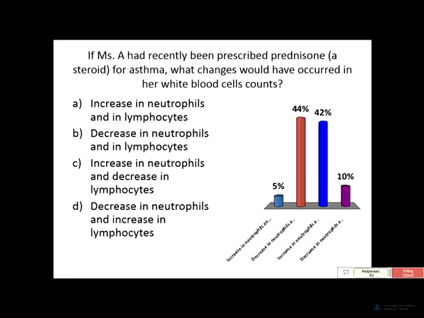And so what steroids will do is they'll take this demarginated pool of neutrophils and make them go into circulation. So within a day of getting exposed to steroids, you'll see the neutrophil count go up. The lymphocyte count will get depleted, will start to go down within a week or so. And so you'll see an increase in neutrophils and a decrease in lymphocytes.